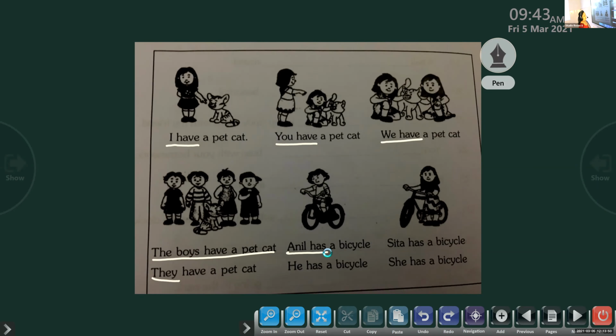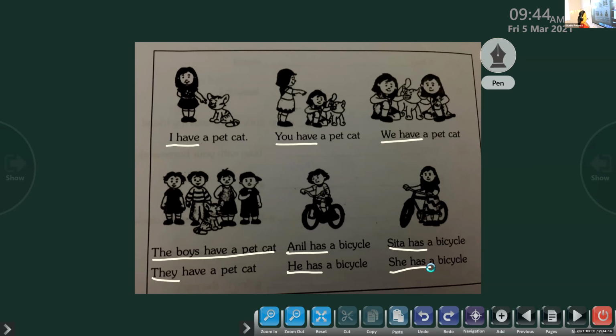A boy? What is the pronoun for a boy? He. Very good. He has a bicycle. Similarly, Sita has a bicycle. Sita is one girl, so we will use the word has. What is the pronoun for girls? She. She has a bicycle.